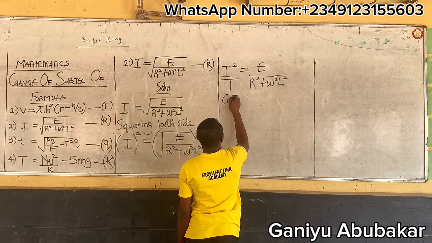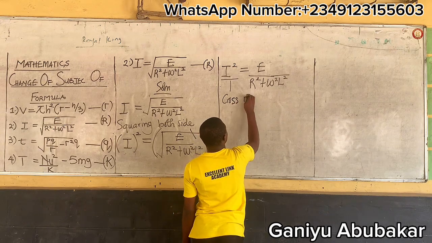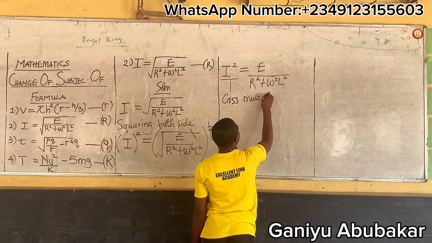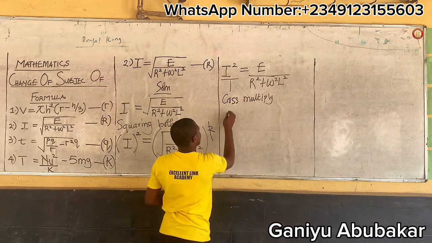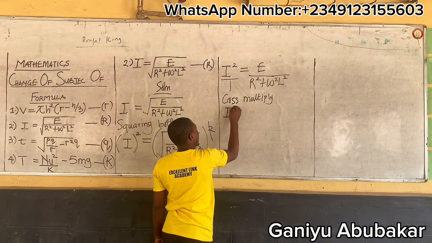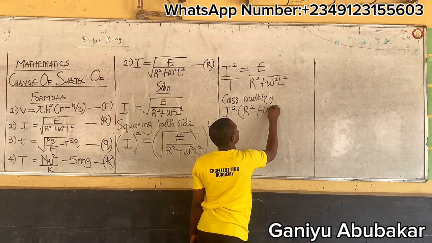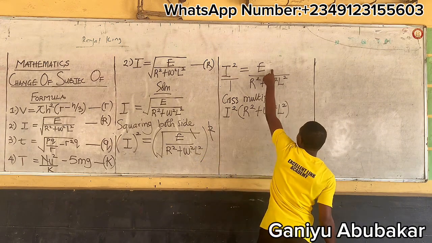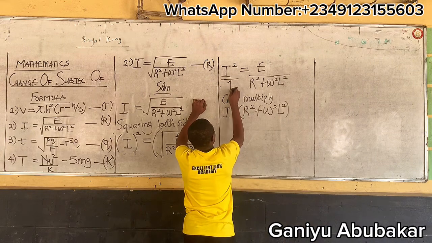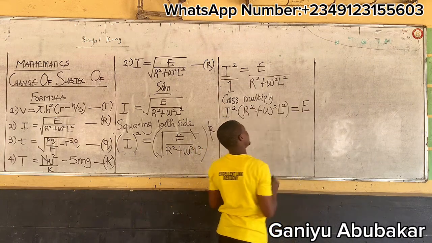So what? Cross multiply. This times this, I'll have I squared times R squared plus W squared L squared. 1 times this, of course, is 1. 1 times E is equal to E.